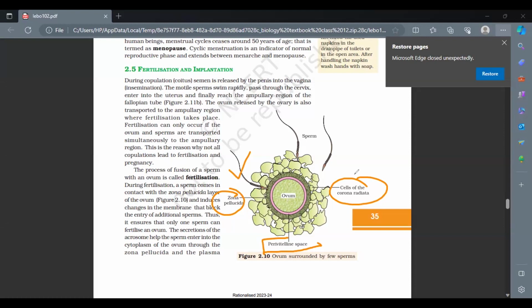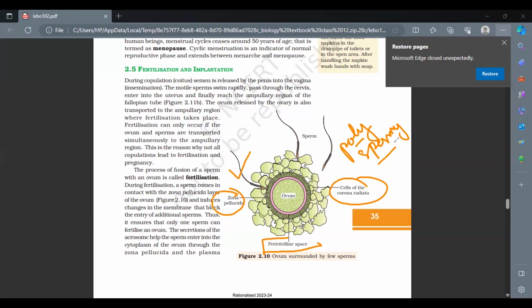At that time, there is a change in the permeability of the ovum that doesn't allow the rest of the sperm to enter, and that is how the ovum prevents polyspermy. What is polyspermy? More than one sperm penetrating inside the ovum. So now you understood what happens there; in the picture they have given 3 sperms. Okay.